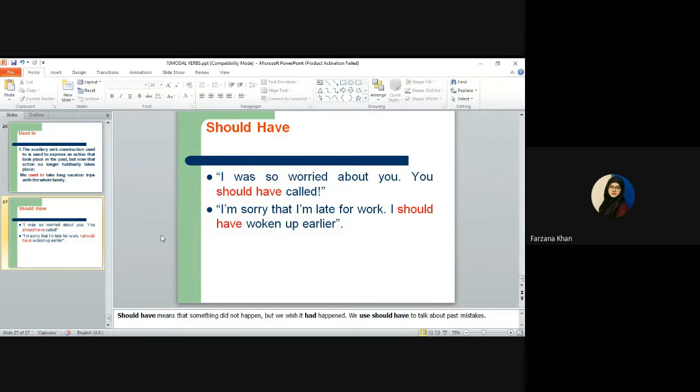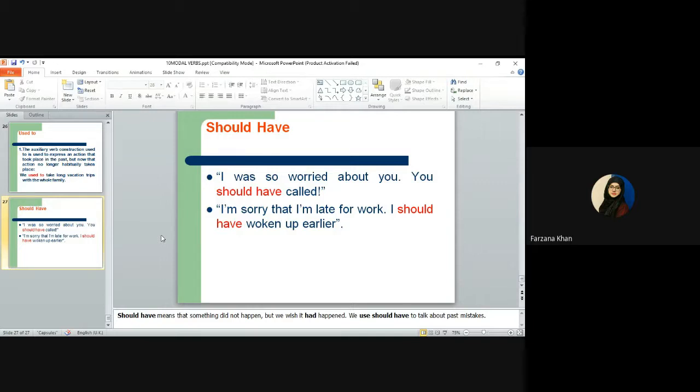Well, it's all about the modal auxiliary verbs. In today's class, you learned what modal auxiliary verbs are and why they are important for you. They are important because they can change the meaning of the sentence and can make your speech and your writing very effective.